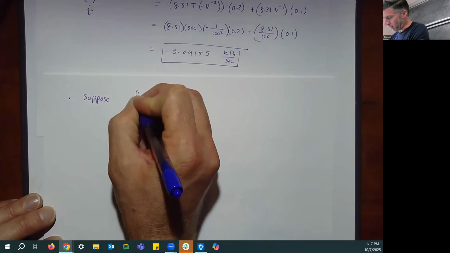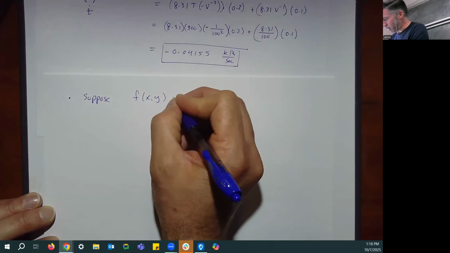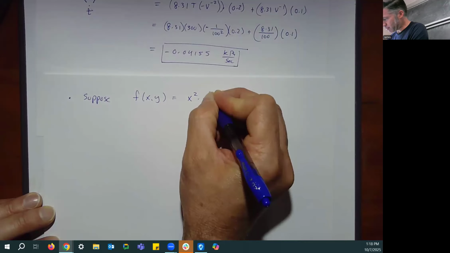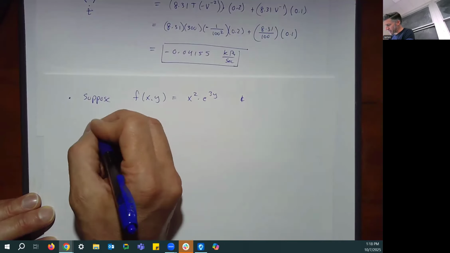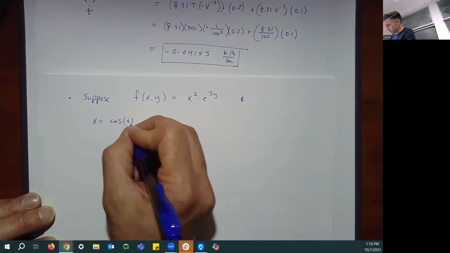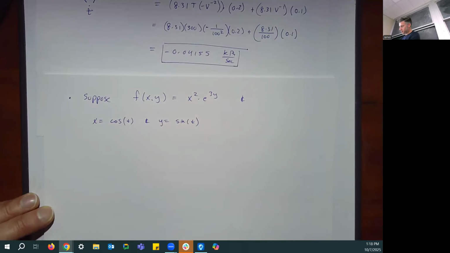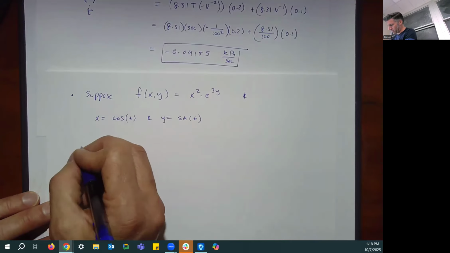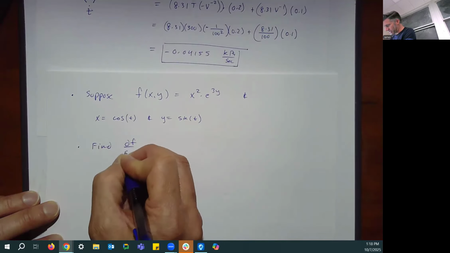Suppose our function of x and y is x squared times e to the 3y. And we're also told that x is equal to cosine of t and y is equal to sine of t. And we are asked to find the derivative of f with respect to t.